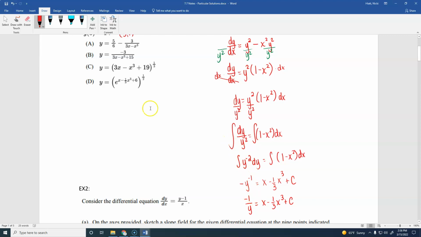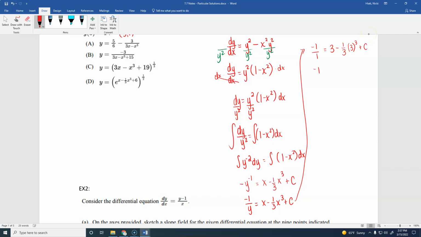All right, so we're going to plug in 3 and 1 into this equation, and that will allow us to find the c, because c will be the only variable left. So I have negative 1 over 1 equals 3 minus 1/3 times 3 cubed plus c.